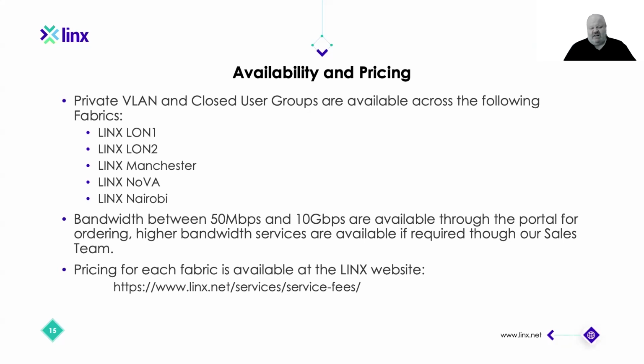The main reason for that is really just to have a little bit more control over capacity planning, since the use cases for private VLANs might be different. We have a very good view in our traffic planning predictions and capacity planning for normal services. It's a little bit higher risk on these services. So we really just want to have a little bit more of an understanding, depending on the use cases, but we can make them available at higher bandwidth.